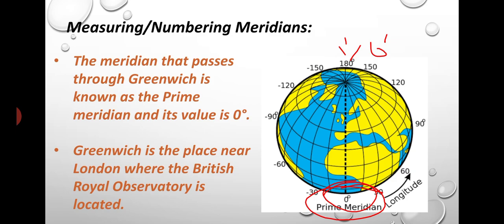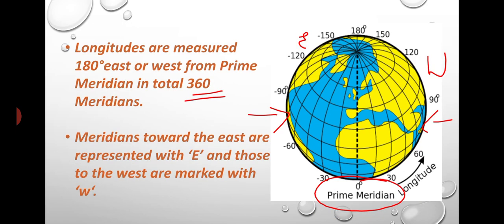Because of that, this is also known as the international date line. That means our days and dates measured start from the prime meridian itself. Based on this prime meridian, our days and dates are marked all across the globe. These longitudes go 180 degrees on the east and 180 degrees on the west from the prime meridian.